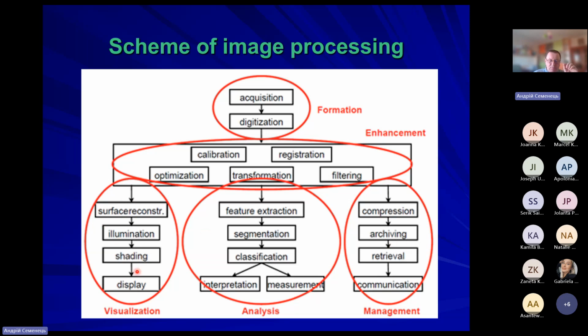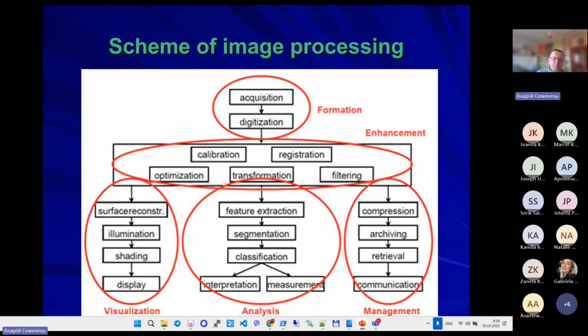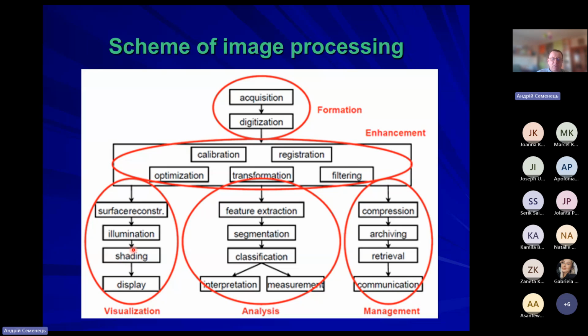Either immediately visualize it. For two-dimensional visualization, it's actually possible directly after enhancement. If you want three-dimensional visualization, we need to pass through steps a little bit similar to computer games: reconstruction of surface, illumination, shading, and display.